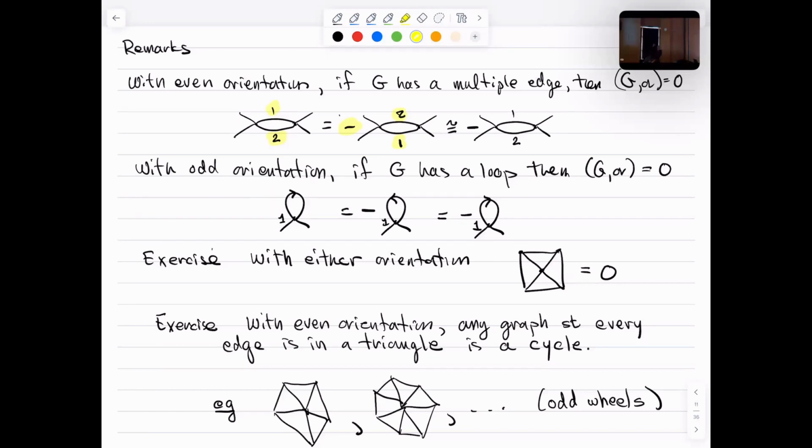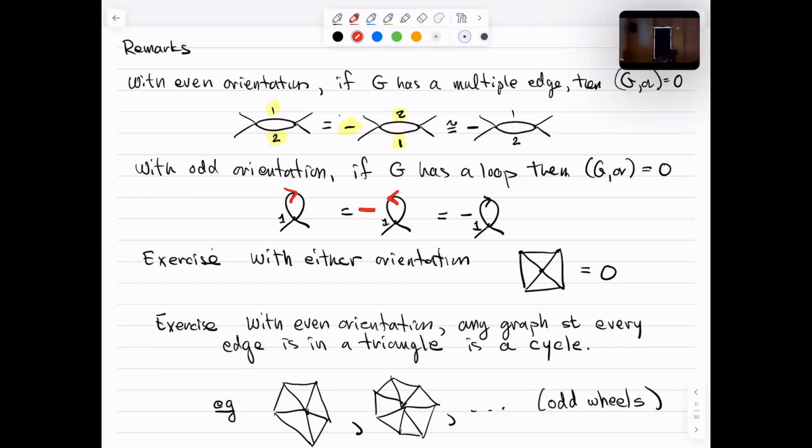With the odd orientation, on the other hand, if the graph is a loop, then it has to be 0 in the graph complex, because if I take my loop that was going this way, and I switch it to going this way, I get a minus sign, but there's a graph isomorphism between that graph and that graph.